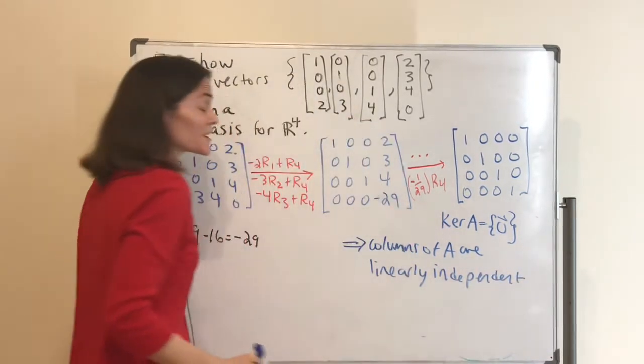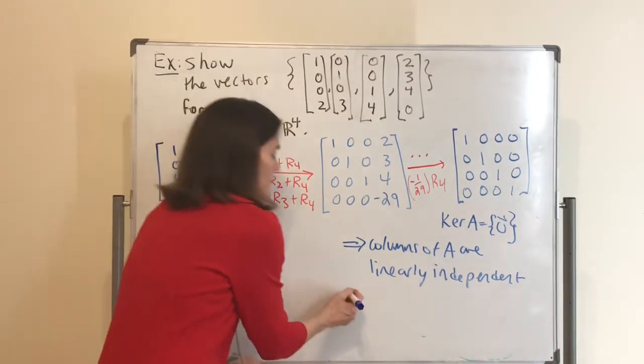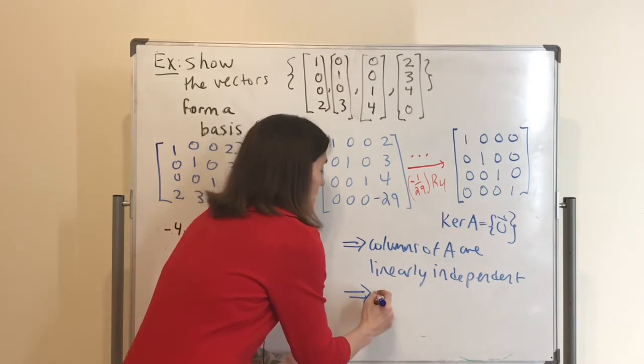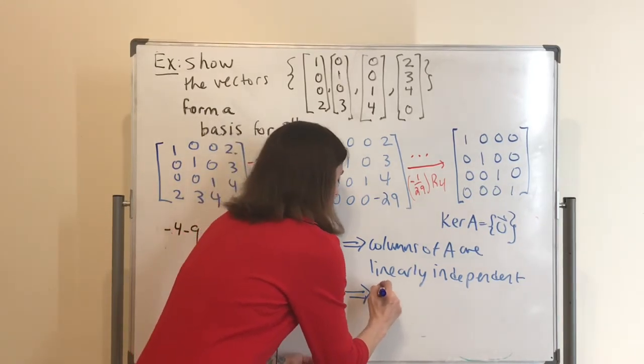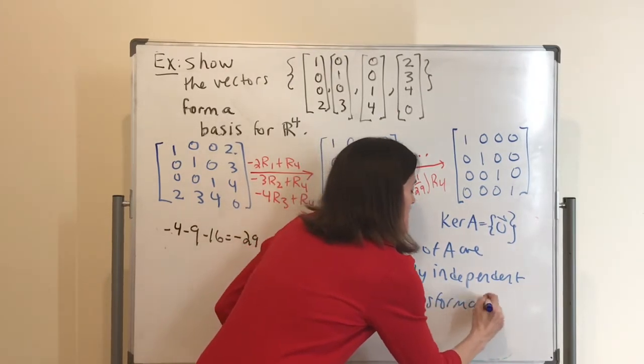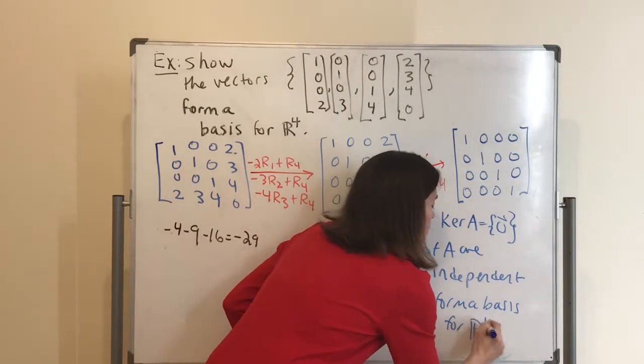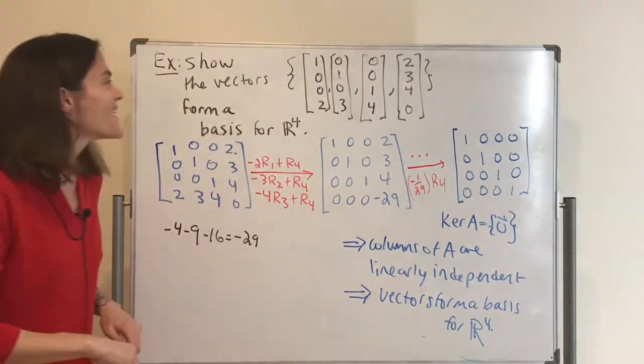So we have a linearly independent collection of 4 vectors in R4. They form a basis. These vectors form a basis for R4, because we have the right number.